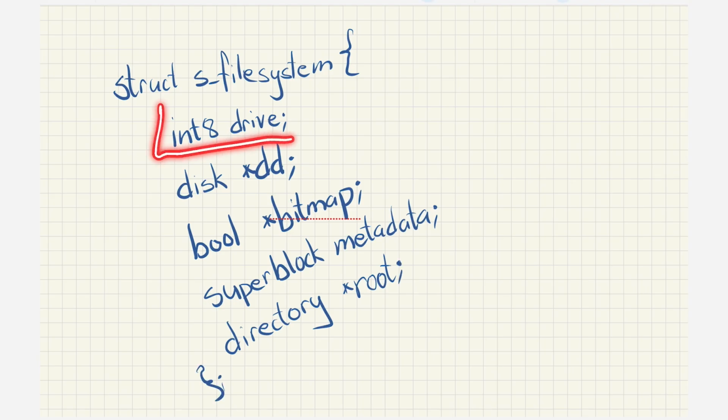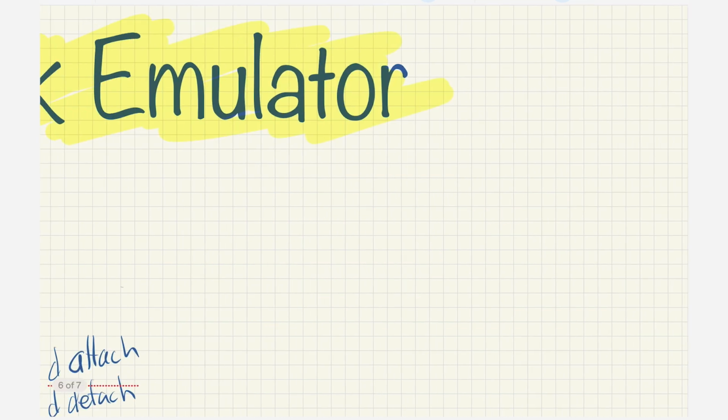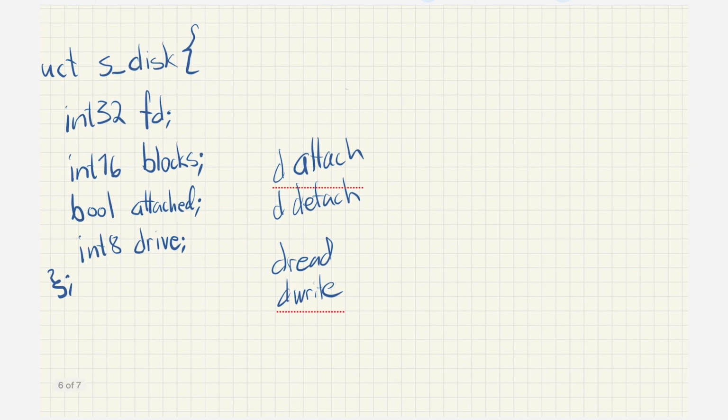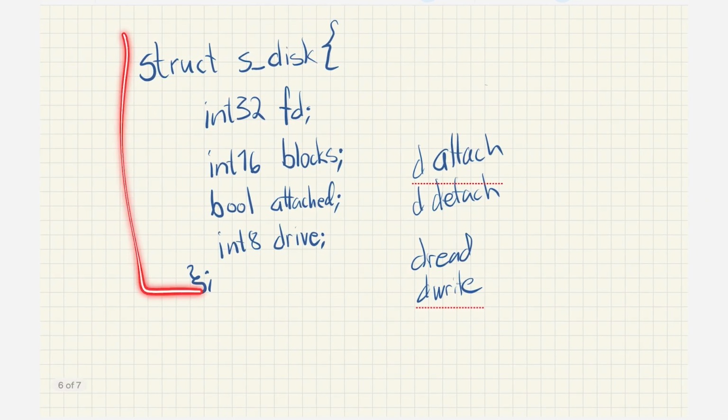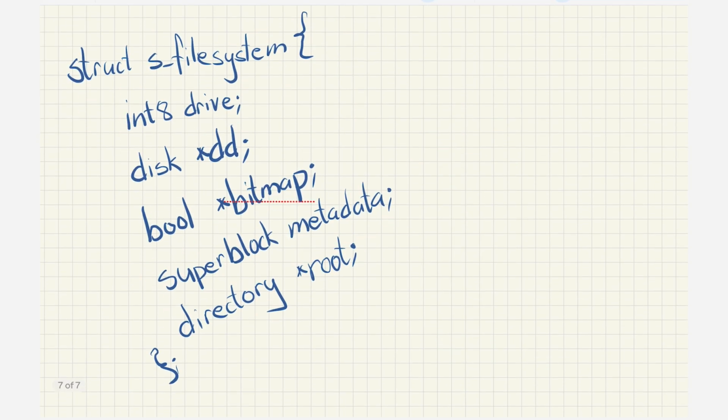First we need the drive number, so we know if this is the C colon drive or the D colon, etc. Then we will need to have a disk descriptor, which is the struct from this page. So this is what is returned from the attach function.